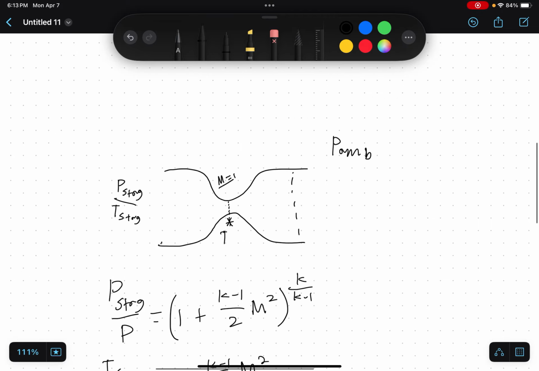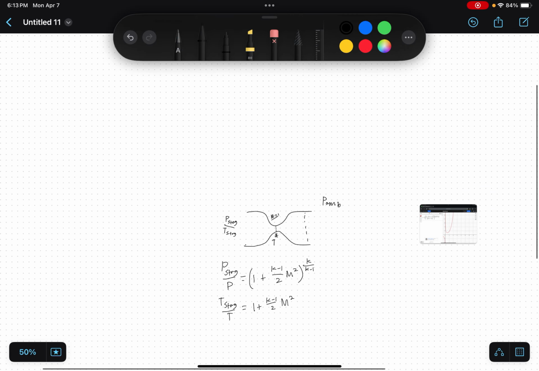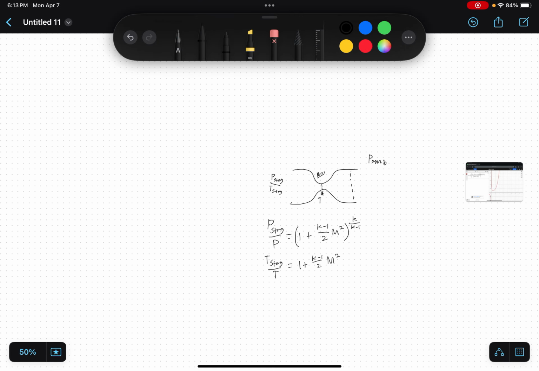So let's say that's the ground. This is a rocket. That's the nozzle. If you're on the ground, P ambient is 101 kPa.